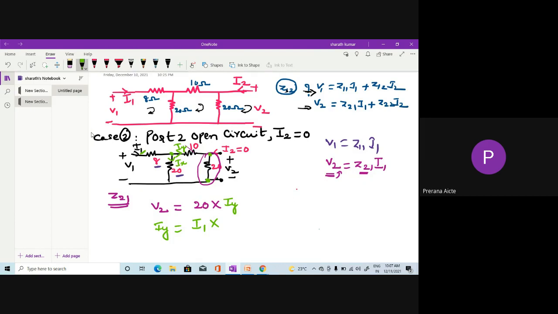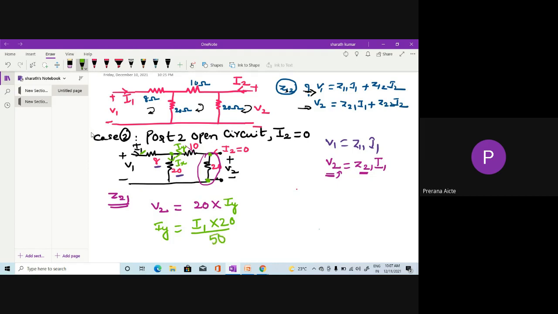So we have total current Ix plus Iy. Iy is flowing in some resistors and Ix is flowing in some other resistors. The resistors which carry the Ix current are called opposite resistors. So here the opposite resistance is 20, so IY is total current into opposite resistance divided by total resistance. Total resistance is 20 plus 10 plus 20, that is 50.